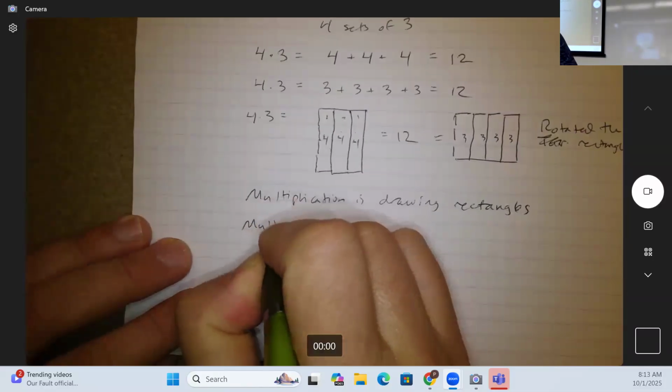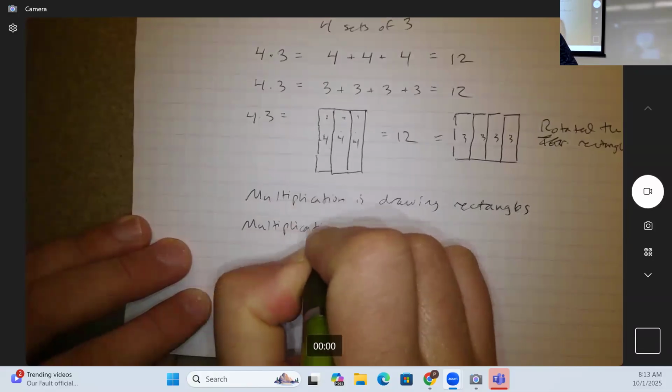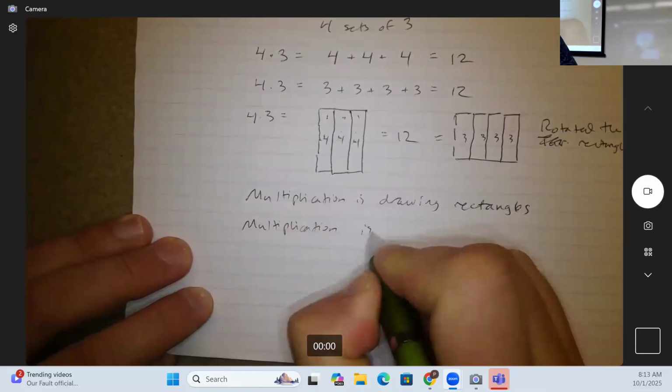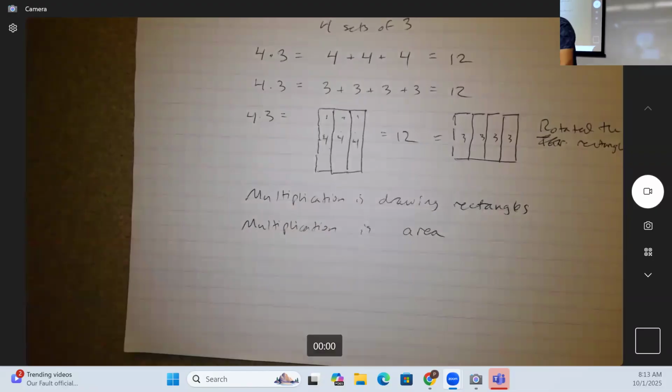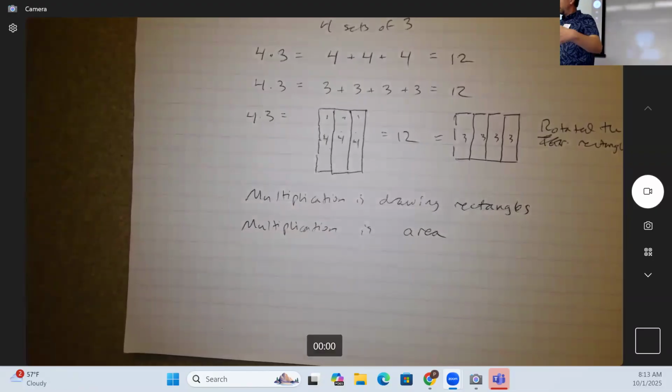Multiplication very often is area, which we usually think of as physical area. What's the area of the desk? What's the area of the room? But it can be area in a more flexible way. Anytime you're multiplying one number by another, you're creating a kind of area.